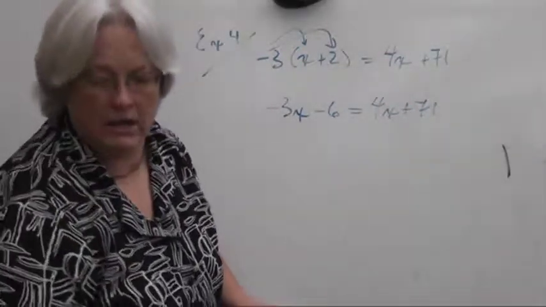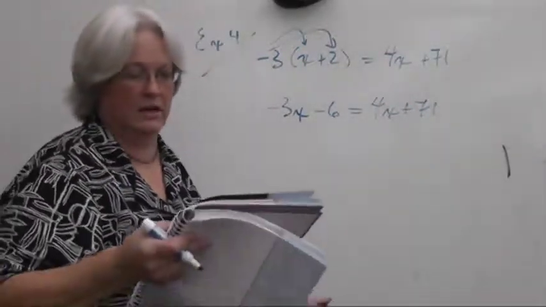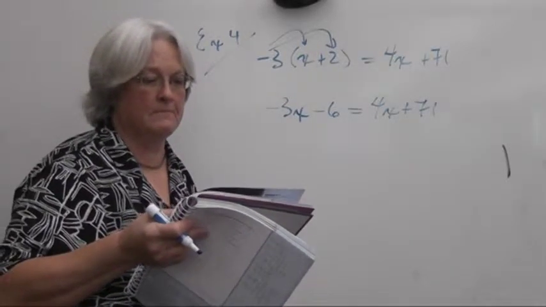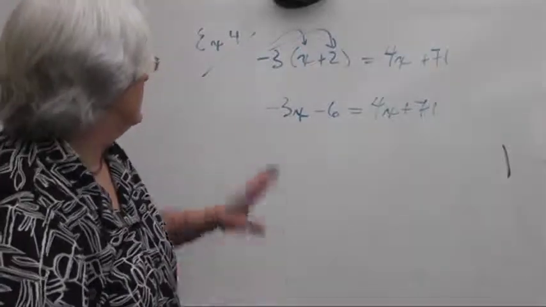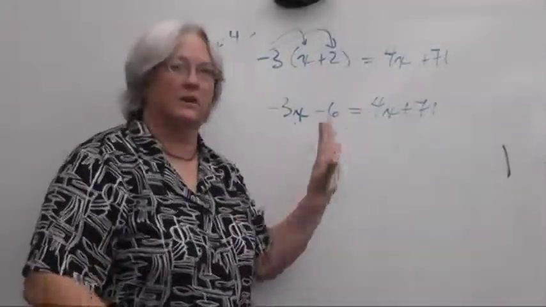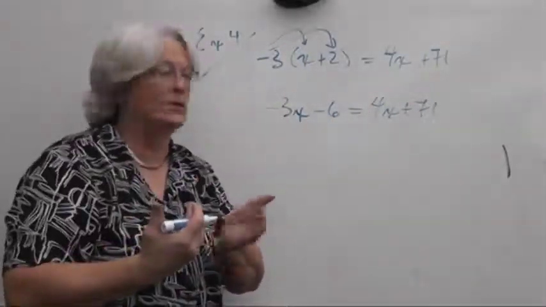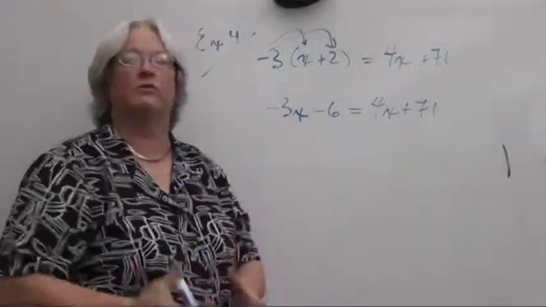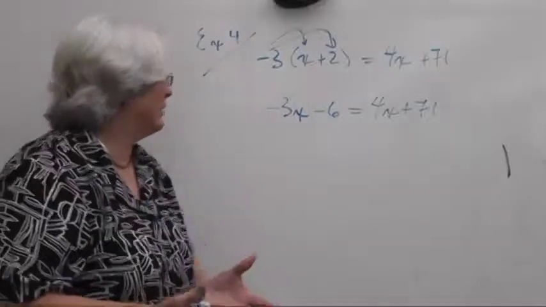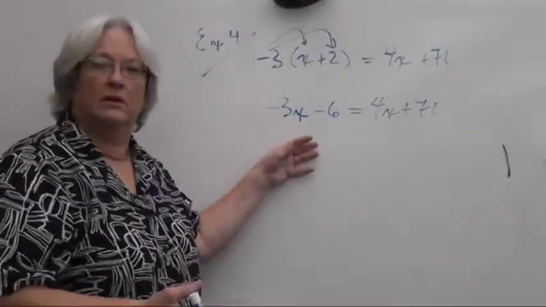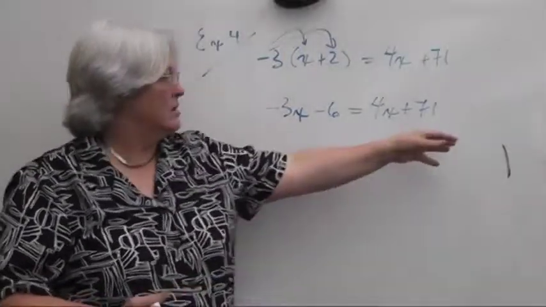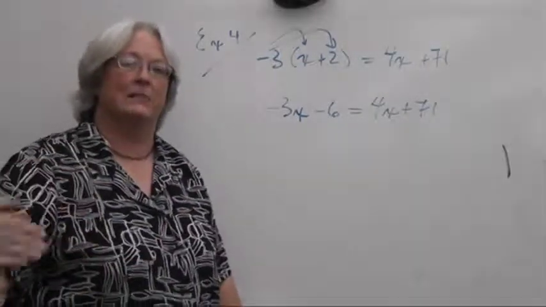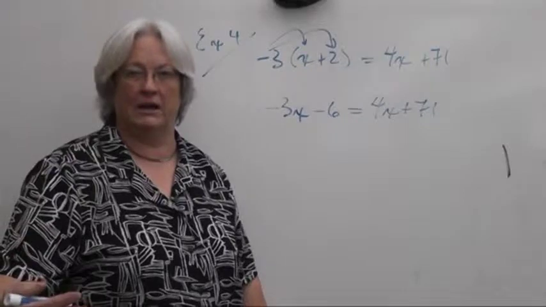Now I want to go ahead and glance in here at the book for just a minute and see how they're going to have you do this. Yes. Now, just a second ago I said we're going to want to have the variable x on one side or the other. And when you're first beginning to work with solving linear equations, we just put the variable on the left-hand side, put the constant terms on the right-hand side. But I have this thing about multiplying or dividing by negative numbers.